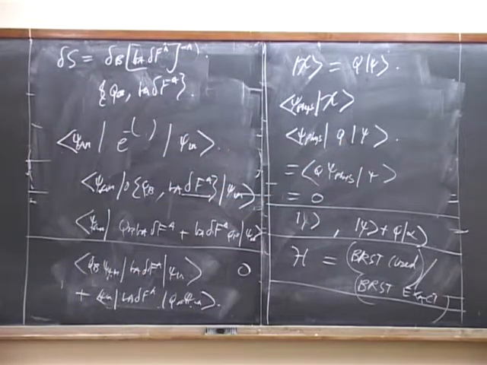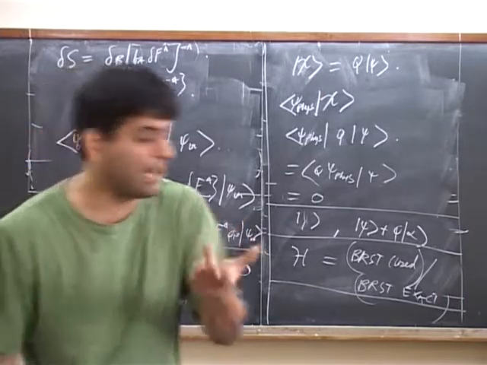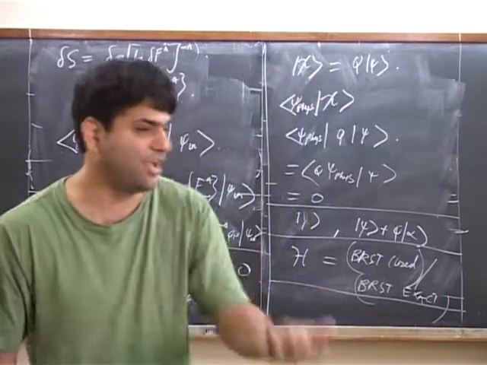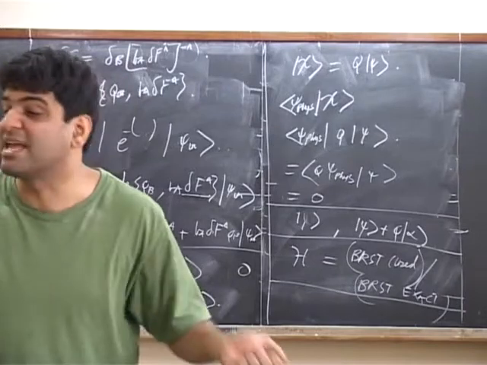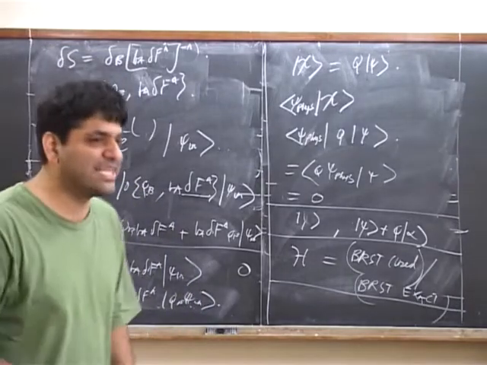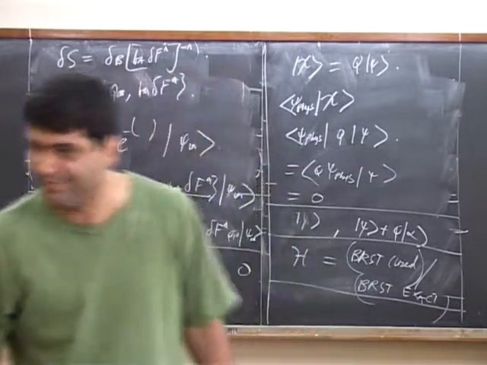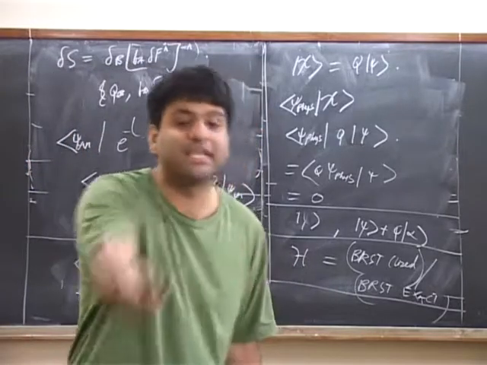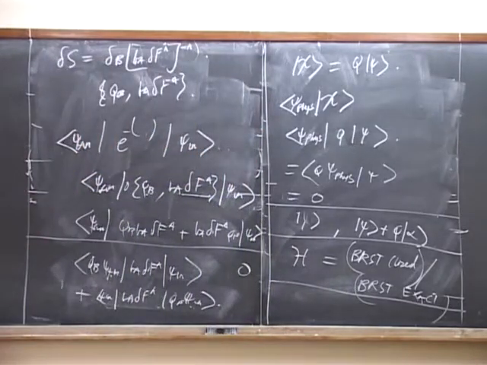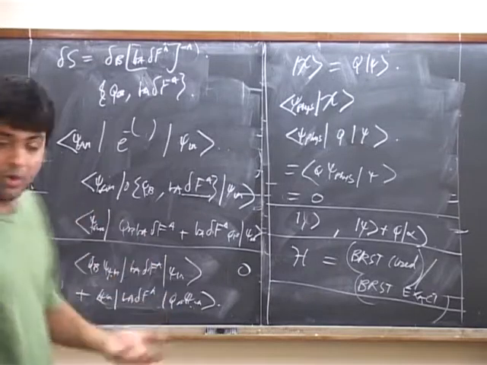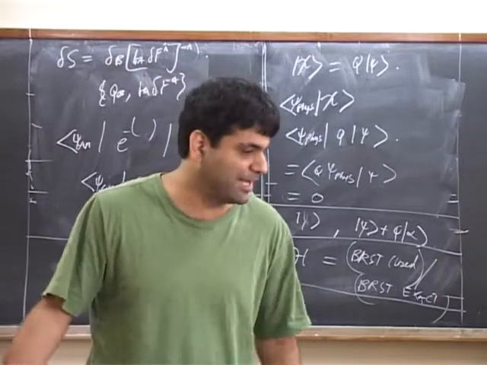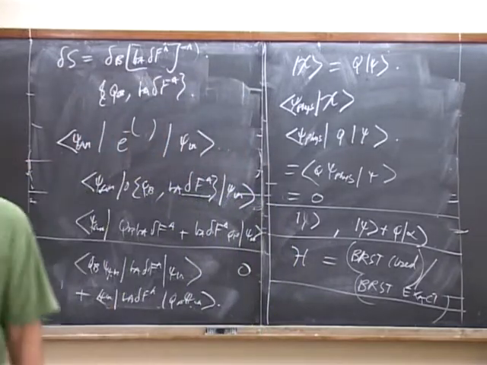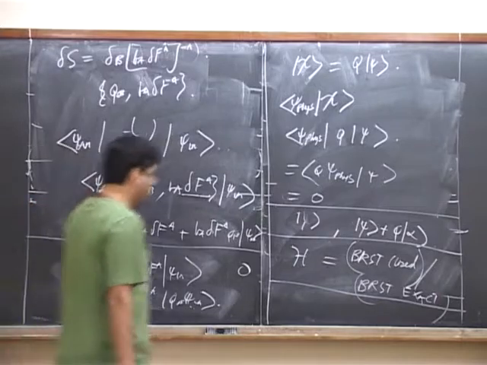So any two operators that are equivalent up to a commutator, or anti-commutator according to statistics, with the BRST charge are physically equivalent. They give identical matrix elements and so are the same operator. Once again, the set of physically relevant operators in the theory should be thought of as members of BRST cohomology. This operation of taking the set of BRST closed objects and modding out by BRST exacts has a mathematical name: it's called cohomology.